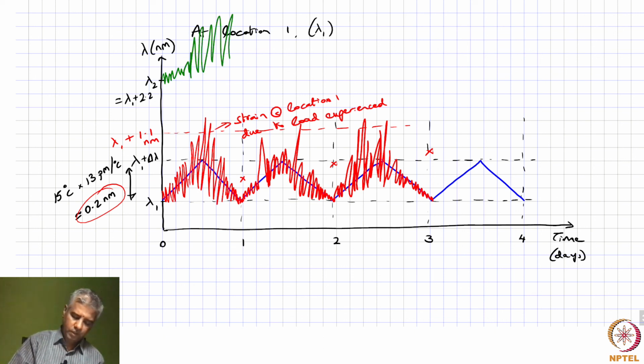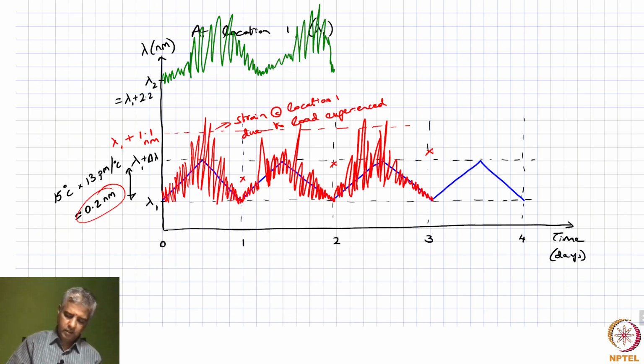It's going up and then coming down over that day, and then going up and coming down as the day progresses towards the night, and so on, right.